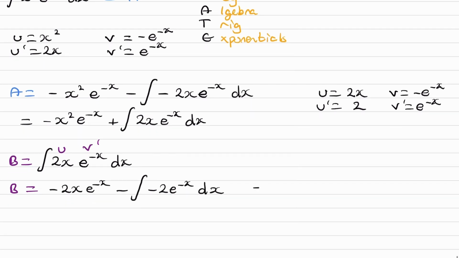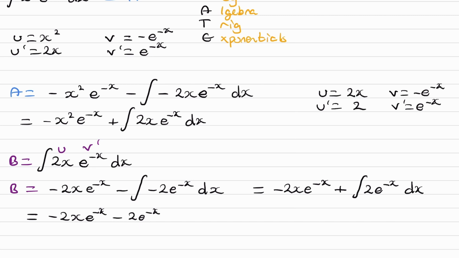Tidy this up, this becomes minus 2x e to the minus x plus the integral of 2e to the minus x. And we can carry out that integral, so the right hand side integral becomes minus 2e to the minus x. So that's just integrating the e to the minus x, that becomes minus e to the minus x. The 2 just stays there as well.